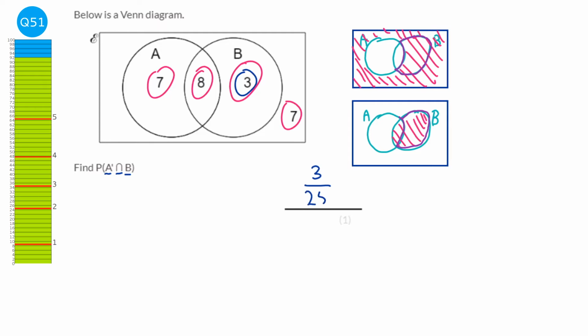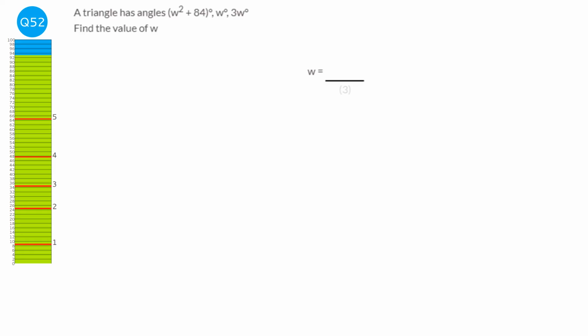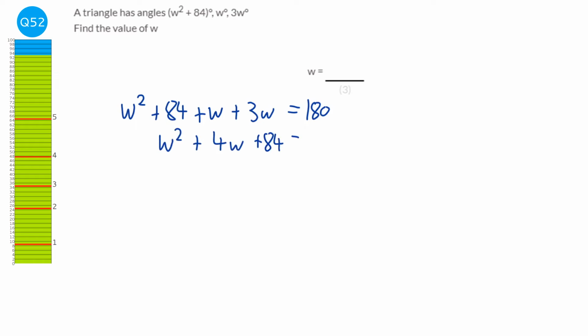which is 25. So the thing we know about triangles is their angles add up to 180. So what we can do is we can say w squared plus 84 plus w plus 3w equals 180. And let's just put that together. So it's w squared plus 4w plus 84 equals 180.